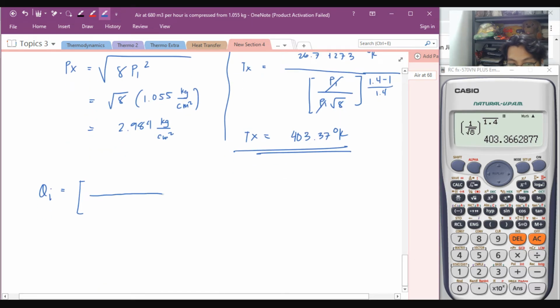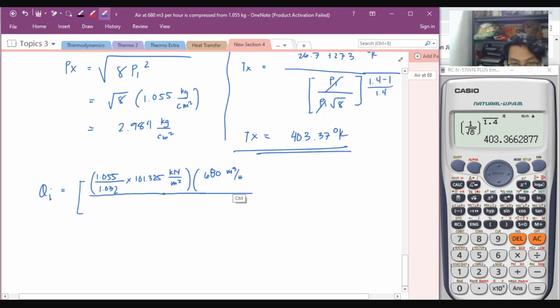So, M is P1, that is 1.055 divide by 1.032 times 101.325 kilonewton per meter squared. Ayan, pressure na yan. Multiply to volume, 680 meter cube per hour.